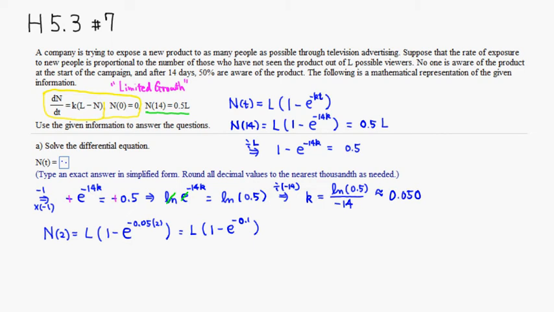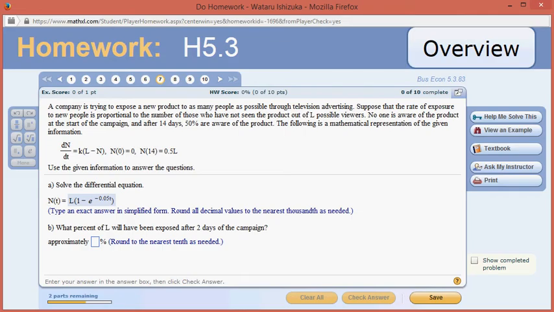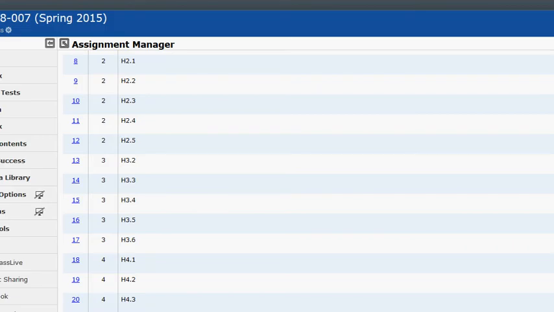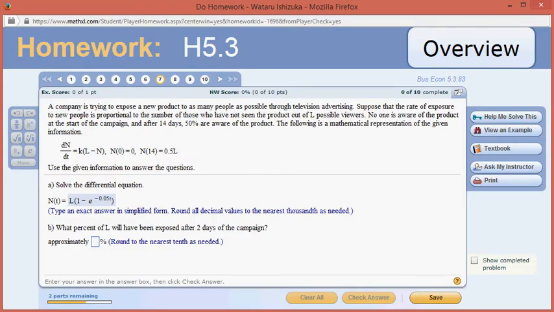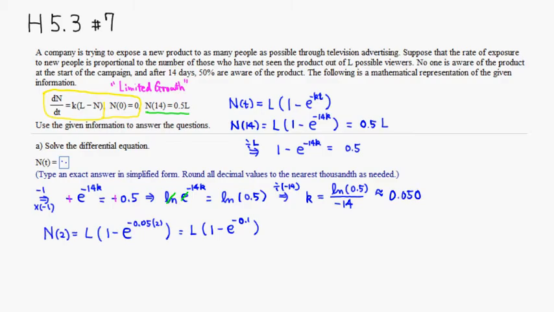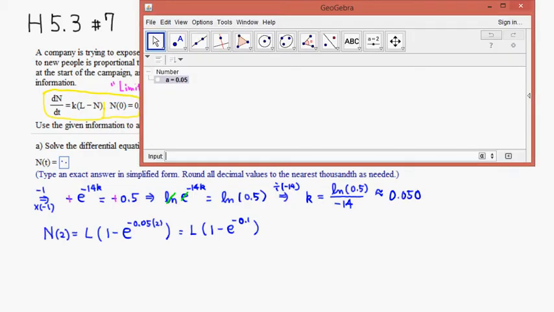So let's find this value. Let's see what precision they want. Nearest tenth as needed. So we need to compute using Geogebra. 1 minus e to the negative 0.1.